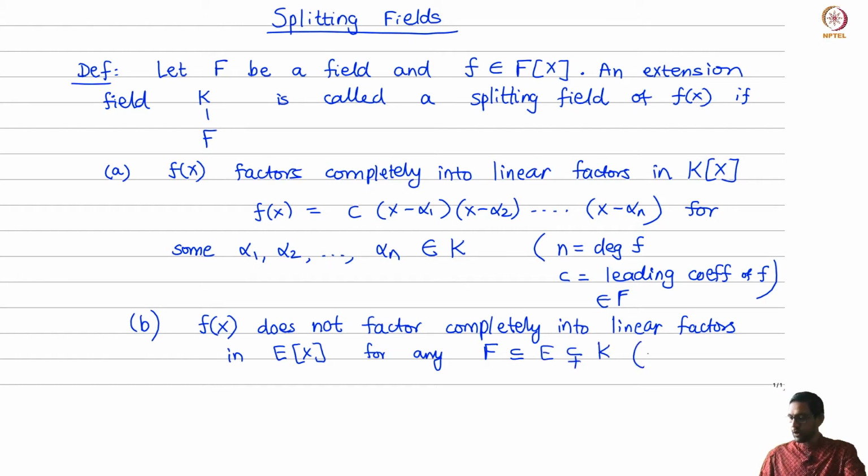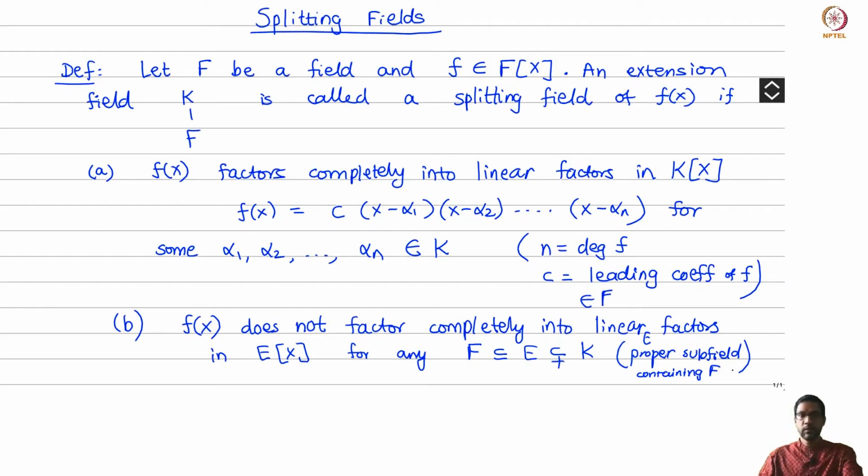By this I just mean E is a proper subfield of K which contains F. So these are the two properties that you need for an extension K to be called a splitting field.